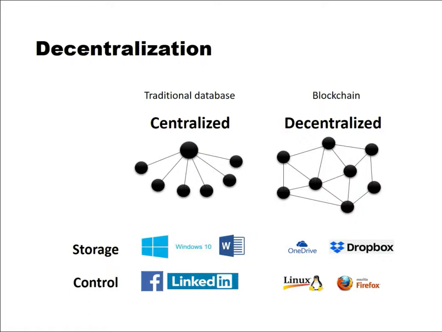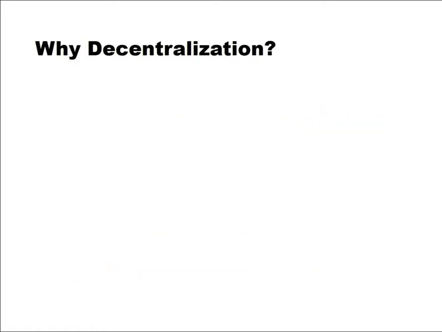Centralized governance is probably the dominant form of governance. For example, our Facebook and LinkedIn data is controlled and maintained by those companies. It is probably not hard to realize that most applications around us are centralized.